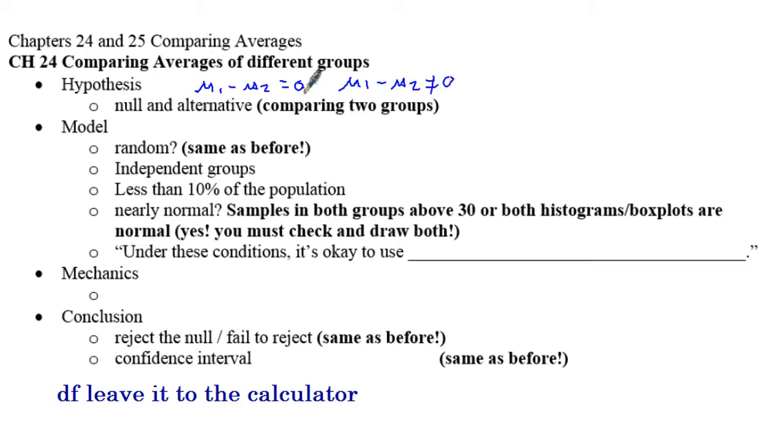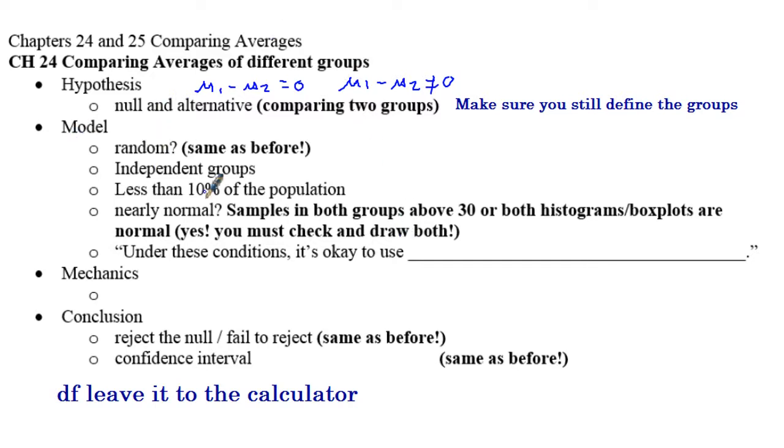Again, we can have does not equal 0, less than 0, greater than 0. Basically, we're saying there's a significant difference between the averages of two populations. Just like with the two-proportion z-test in Chapter 22, we still need to define our groups. So tell me what mu1 is and what mu2 is.